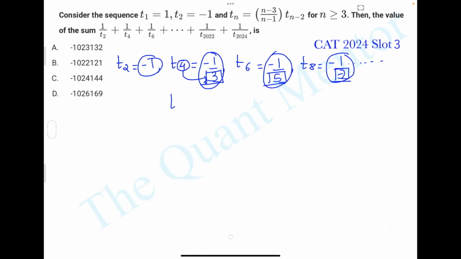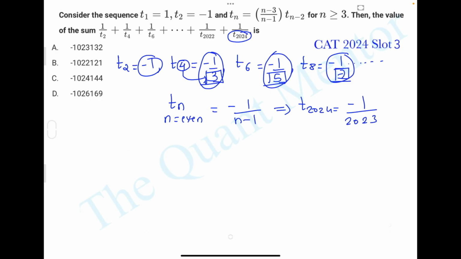So here tn, where n should be even, will simply be equal to minus 1/(n − 1). And the last term is 1/t2024, so t2024 is minus 1/2023.